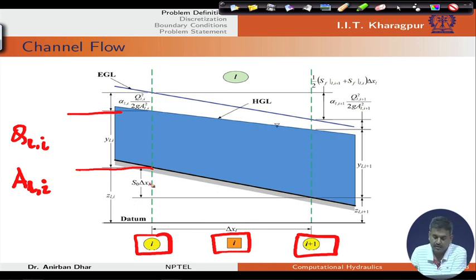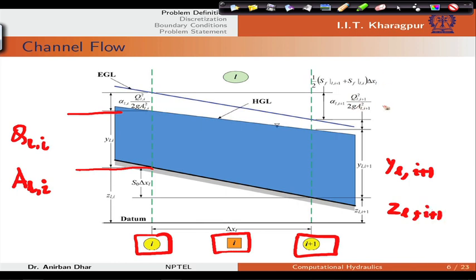Similarly, on the downstream end, this I plus 1 section, we have this Y L I plus 1, Z L I plus 1, and this is again our kinetic energy term.